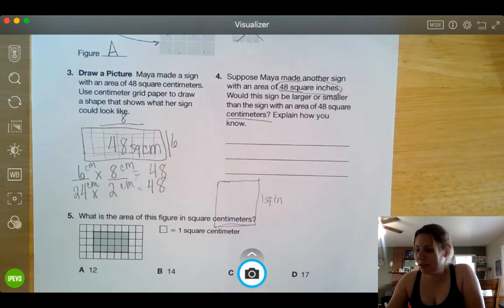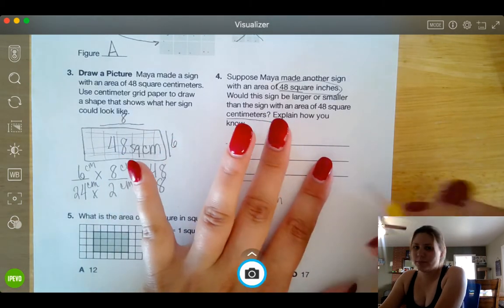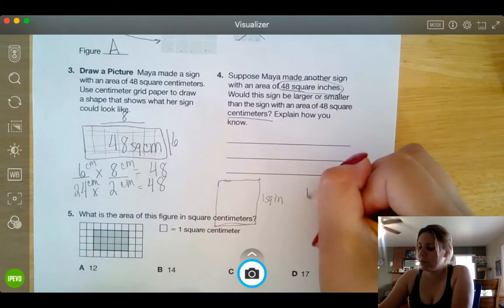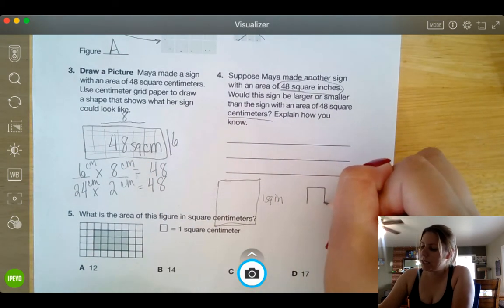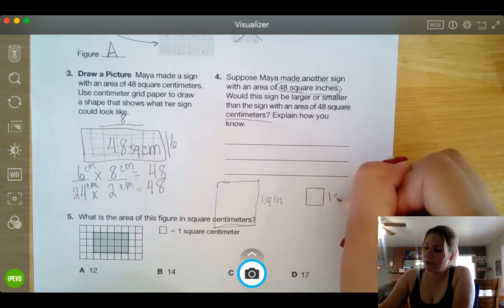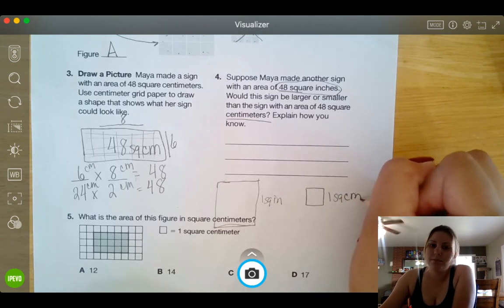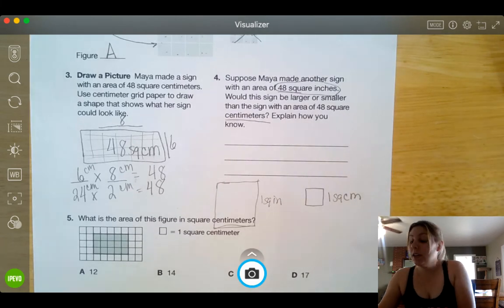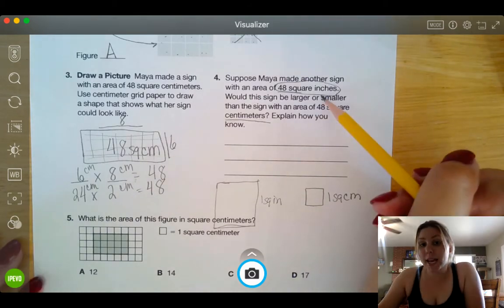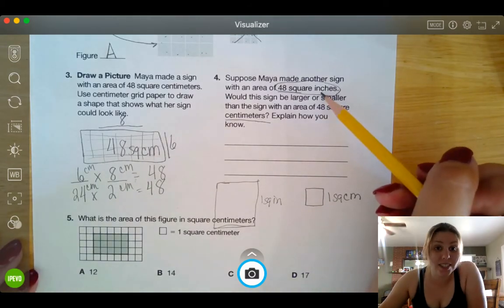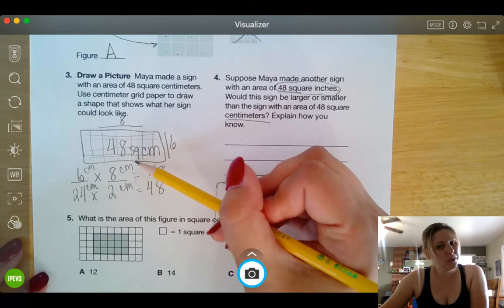Now a centimeter is probably a lot smaller than that, like this. This is 1 square centimeter. Approximately. So if she were to make a poster with square inches instead of square centimeters, would it be bigger or smaller?